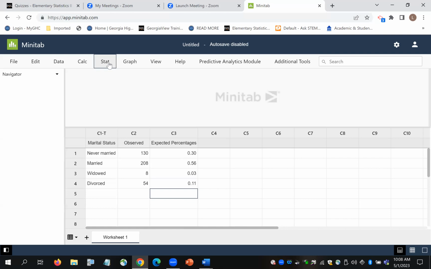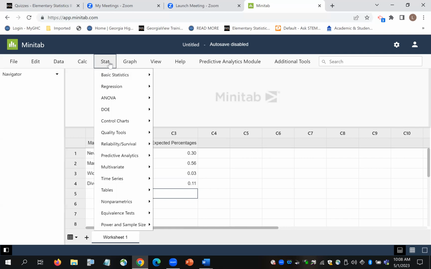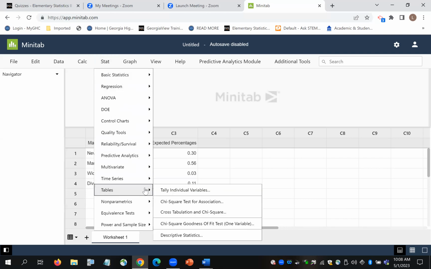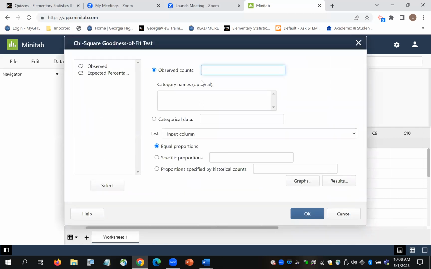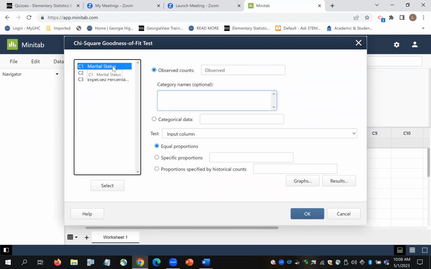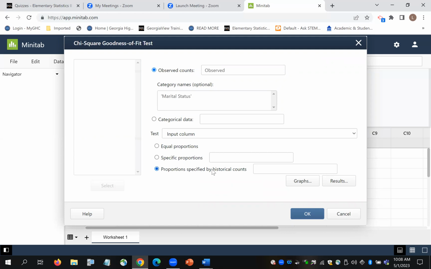Okay. Then we go stat, tables, chi-square goodness of fit. My observed counts from the frequency distribution are in column 2. My category names are in column 1. And we are doing proportions specified by historical counts.